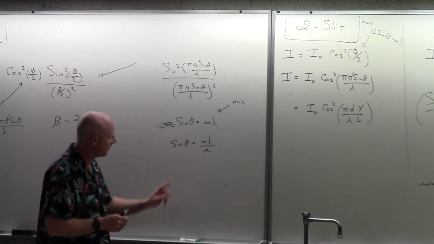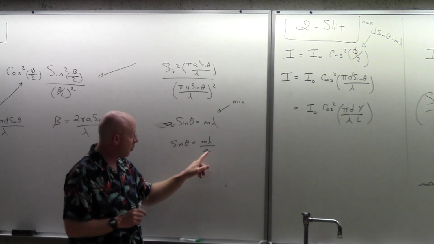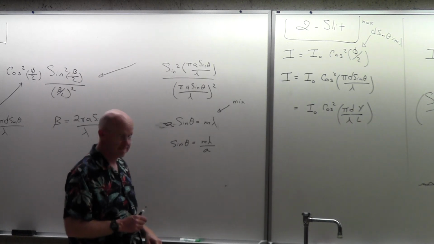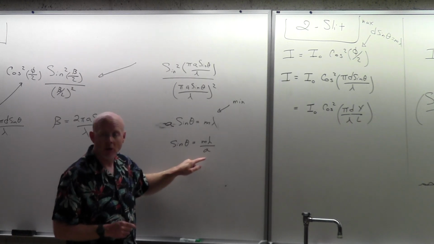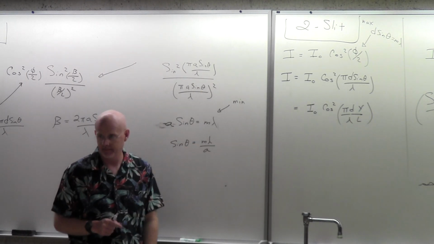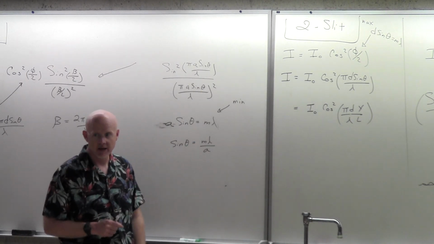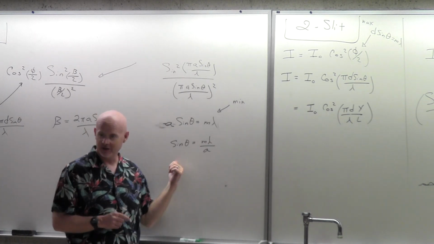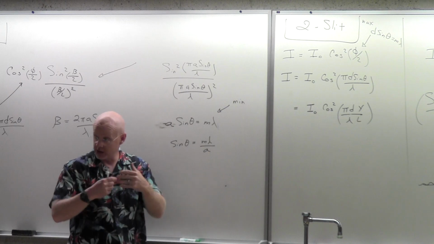Let's say the size of the hole is 1/10 of a wavelength. In other words, what happens if A is smaller than lambda? Isn't this greater than 1? There's no solution. What are you really saying? Well, let's go slightly bigger than 1.